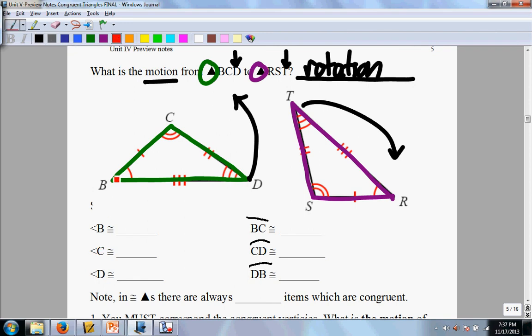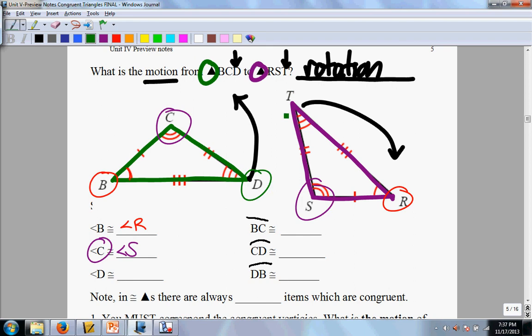We see here that angle B is congruent to angle R, and angle C is congruent to angle S, and angle D is congruent, notice the 3 hatch marks, to angle T.